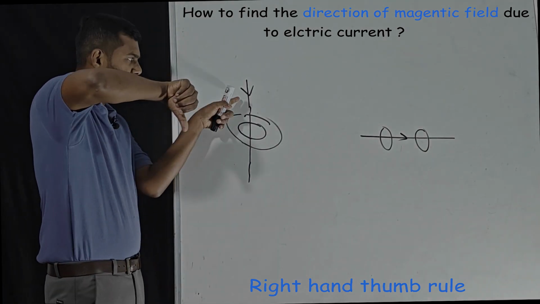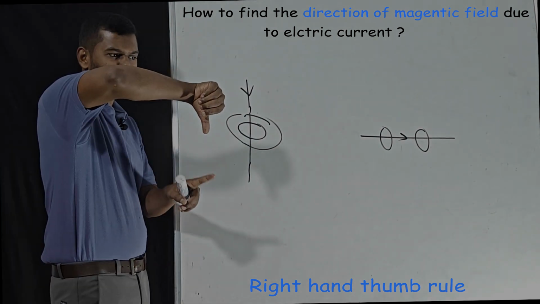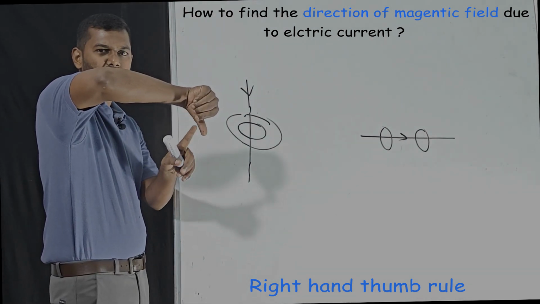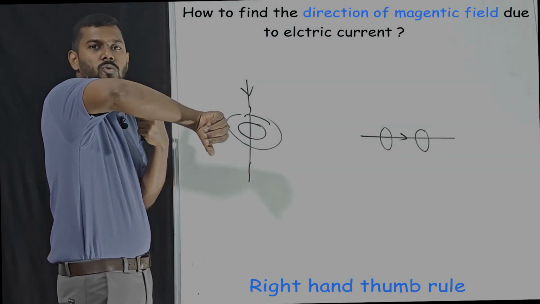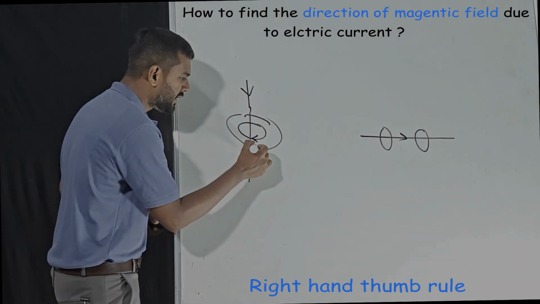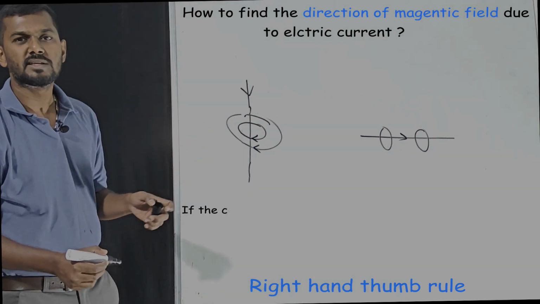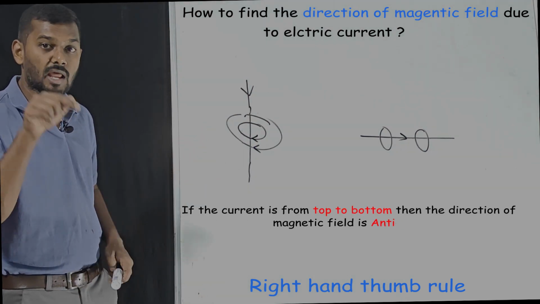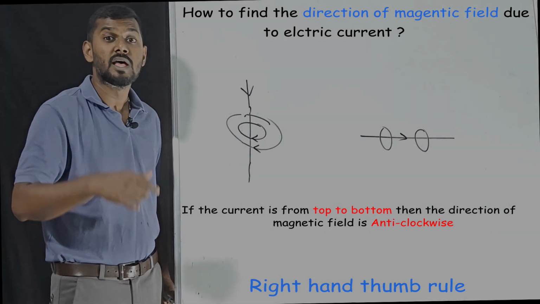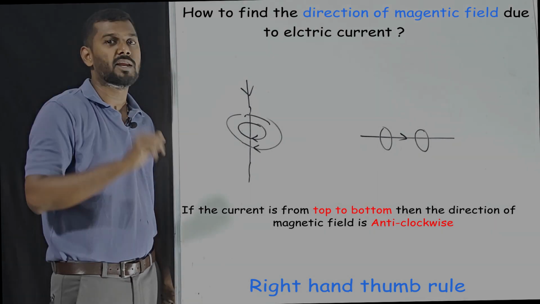It is going down, correct? Once you hold it like this, these fingers represent the direction of magnetic field. It is coming towards me, that is towards the left. So the direction of magnetic field will be like this. This is anti-clockwise direction. And now you should not see from the bottom, you should see from the top, because the current is coming from the top direction.